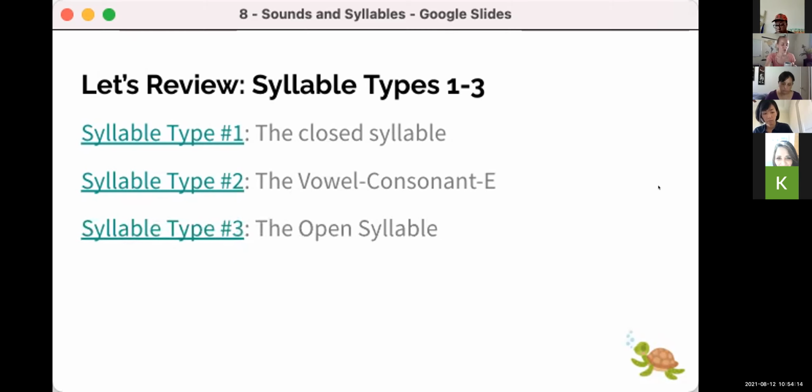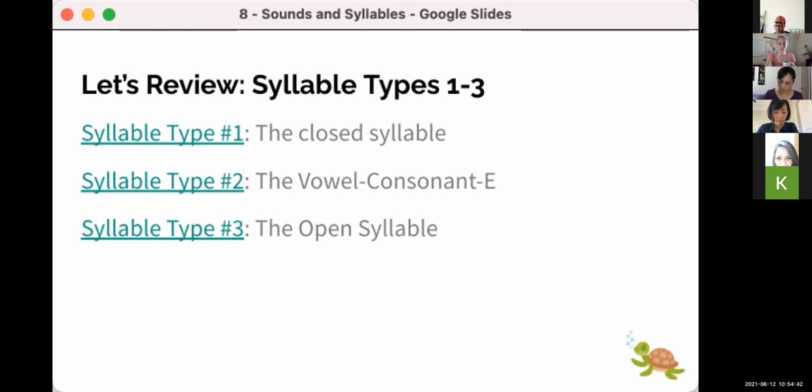Then we have the open syllable. This is the syllable ending with a vowel. That vowel takes the long sound, except a couple of vowel letters. What vowel letters are the exception to the open syllable? Schwa sounds.